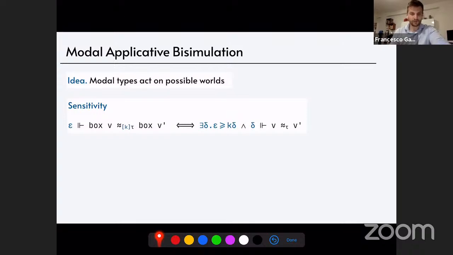First, if we look at program sensitivity, then we say the two programs that can be used k times, essentially, are equivalent up to an error epsilon if and only if the programs are equivalent up to an error delta when used once, and epsilon is bigger than k times delta. So we look at them in a possible world that tells us what happens if they are used once, and then we just scale that error to k.